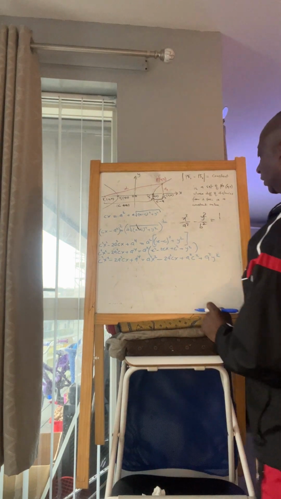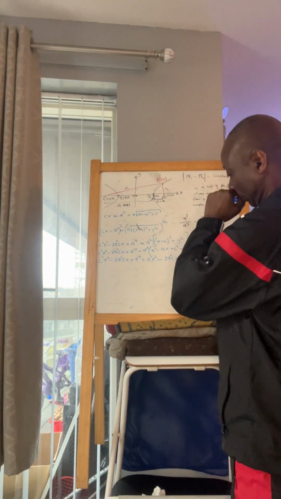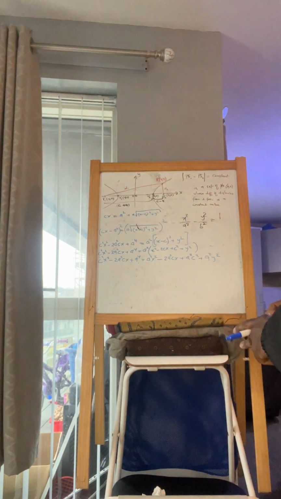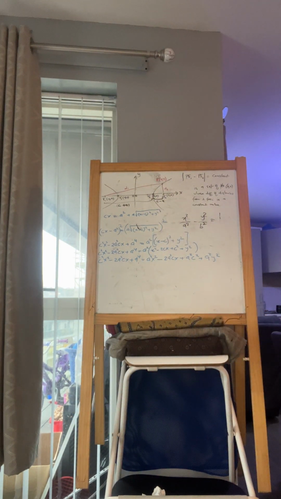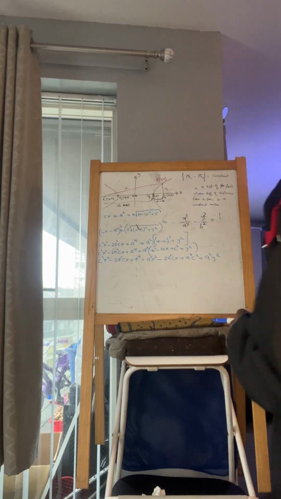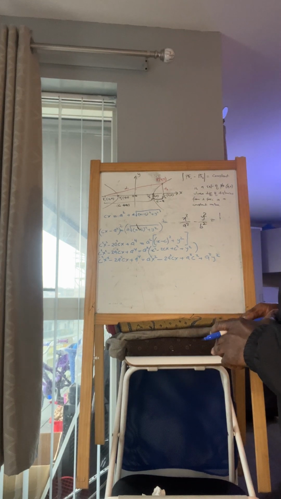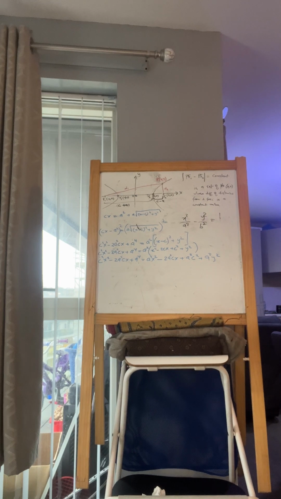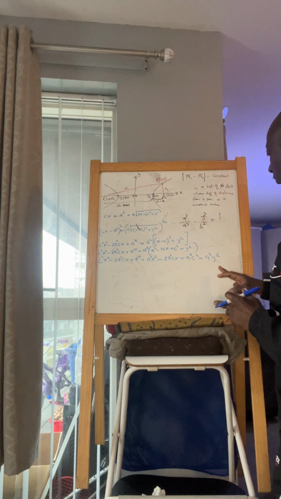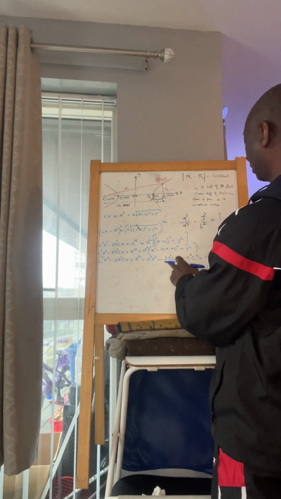You look at it and you see what you can do to ease the problem, to make it look simpler. So now we got to bring like terms in one place, or collect like terms together. So what do we do here?